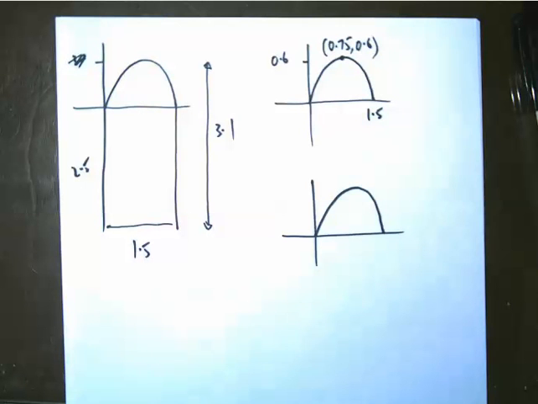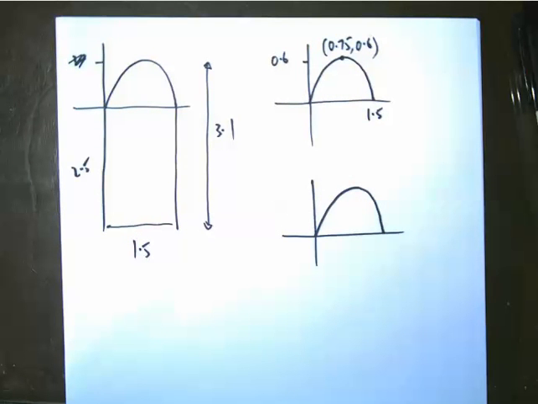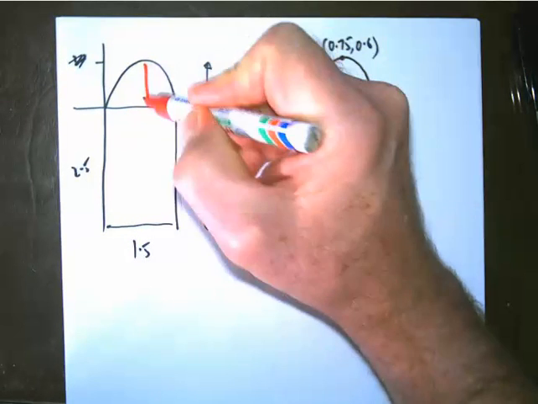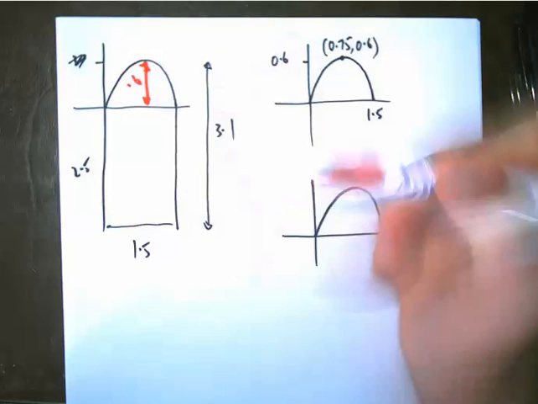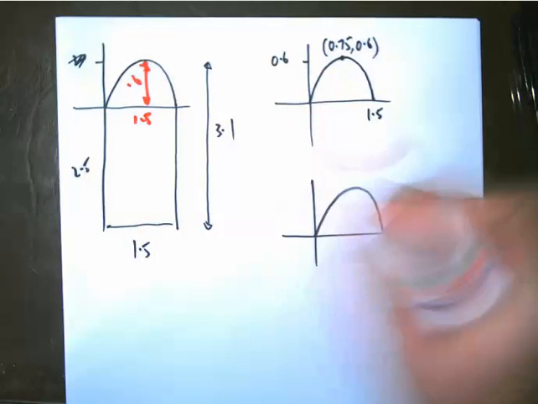But in question 8, we've got this arch. The arch is 1.5 across and 3.1 up, and we know that's 2.5. So really, this bit here is a height of 0.6, and that's 1.5, which gives me this interpretation.